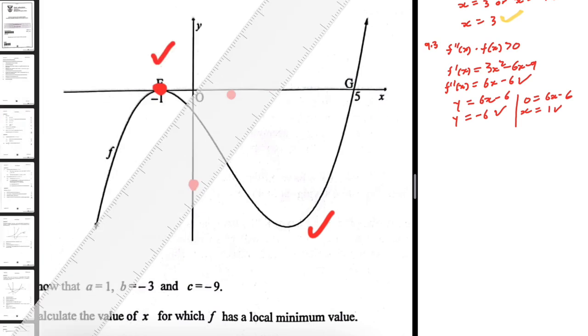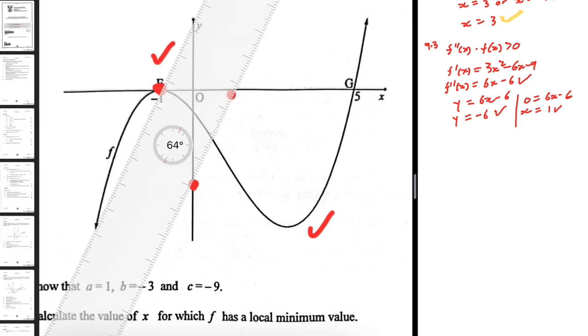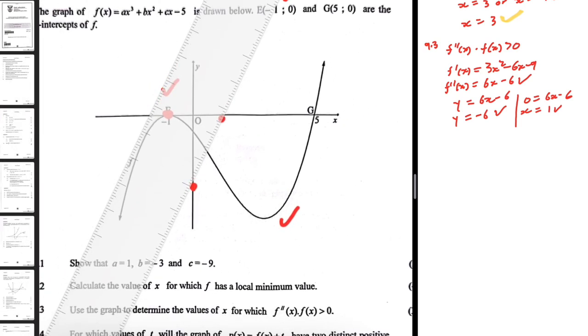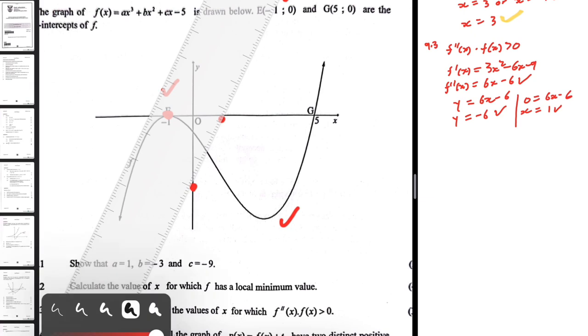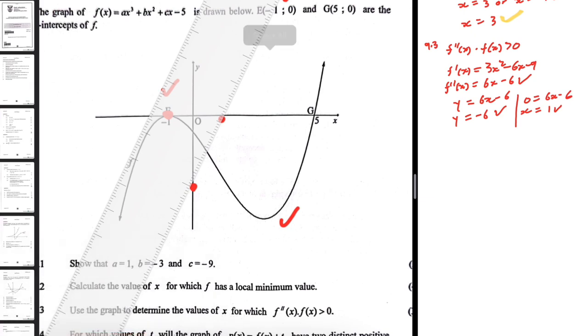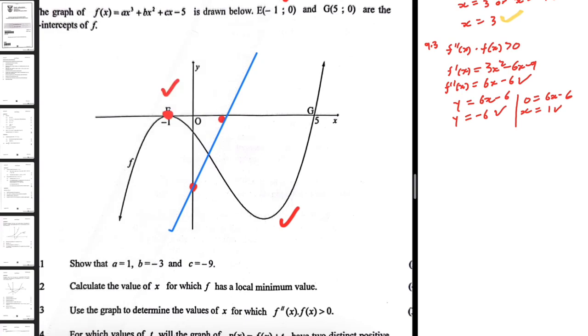Yes, my ruler, and I'm about to sketch that graph. So let me use a lighter pen, lighter in terms of the thickness, not in terms of the color. So this is the second derivative. If we sketch it, it looks like that.